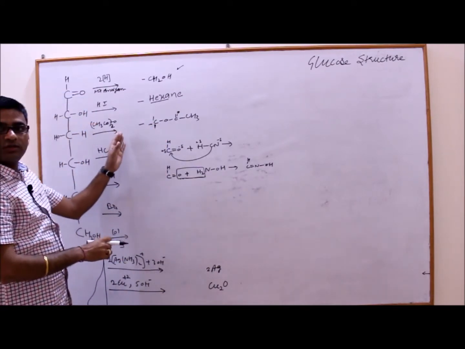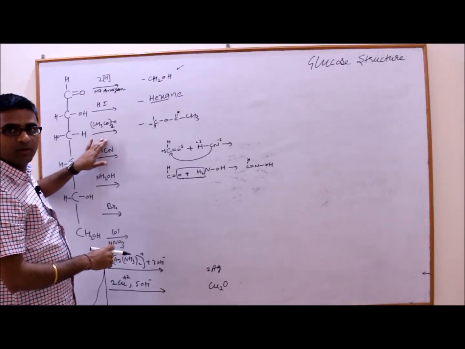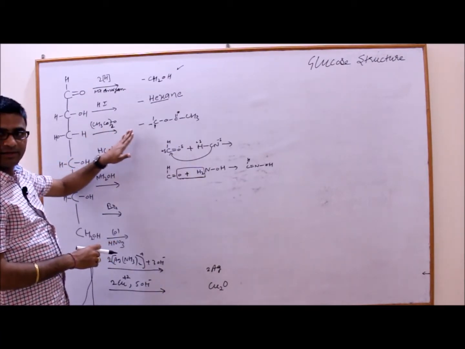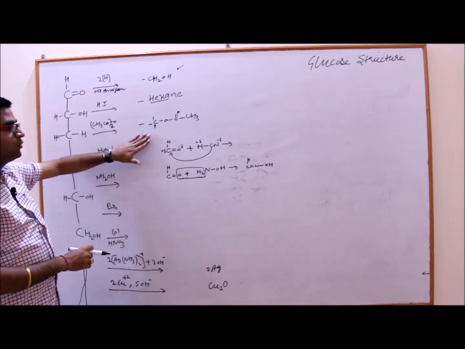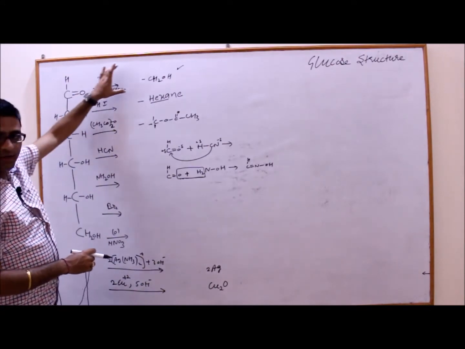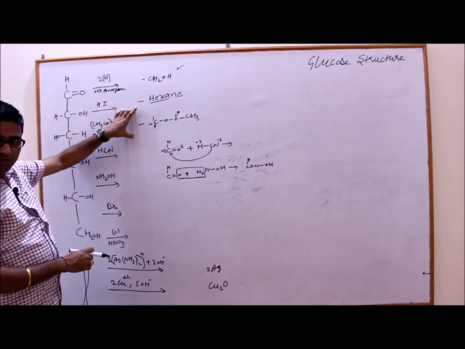So from this reaction we came to know that this molecule has 5 hydroxyl groups because of this ester formation in the presence of acetic anhydride. So up to this stage we came to know that this molecule, whose structure was unknown, contains an aldehyde group, 6 carbons, and 5 hydroxyl groups.